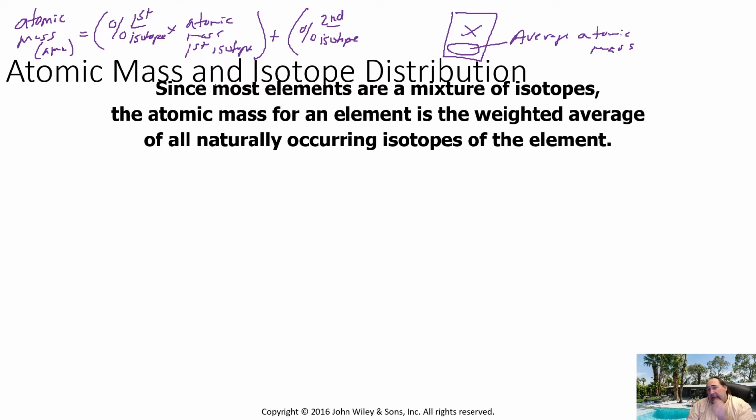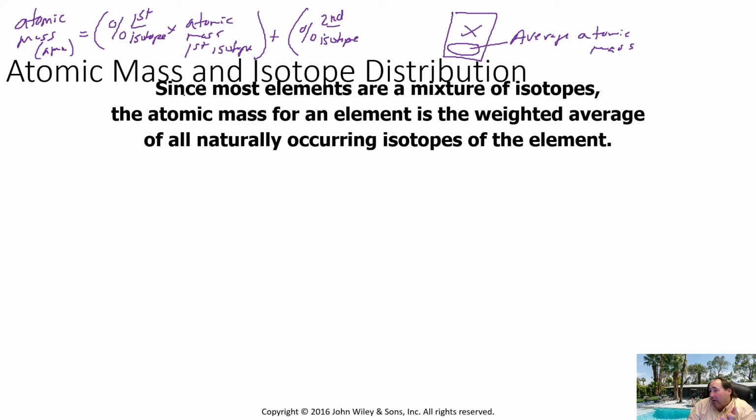And by the way, when I say percent here, it's sometimes referred to as percent abundance or relative abundance. It's basically the percentage at which that particular isotope occurs naturally.